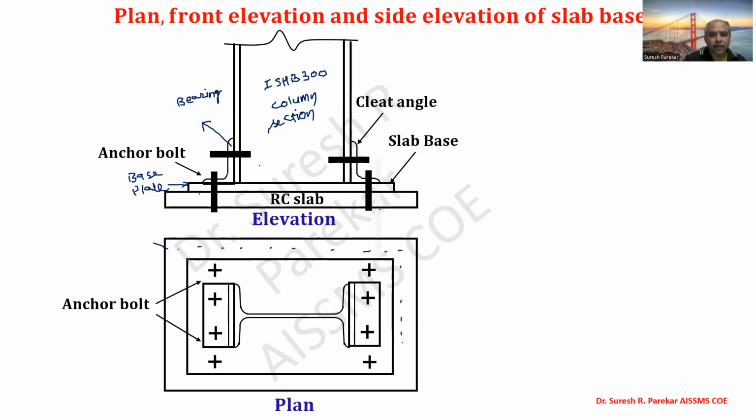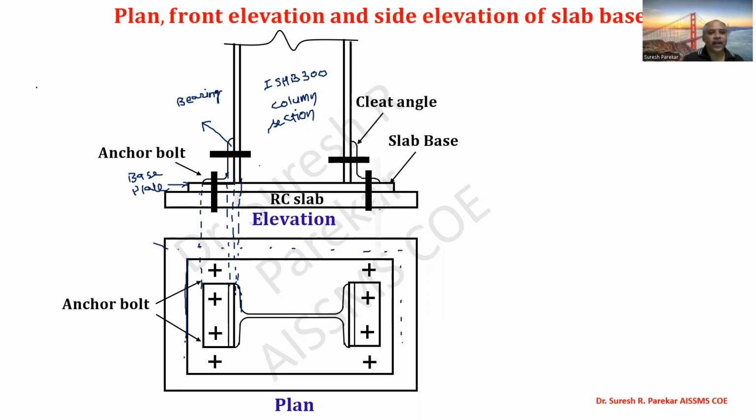Then this is cleat angle; we have this line of cleat angle, and this will be the second leg of the cleat angle. Then this is I section, and in the same way we have on this side. You have to keep in mind where we have to plot.